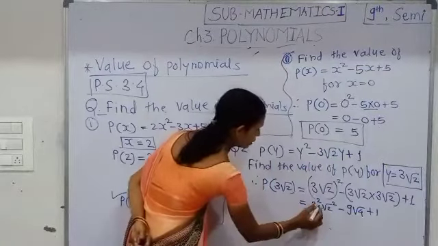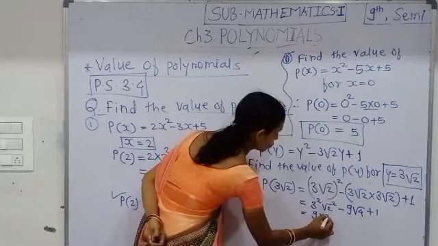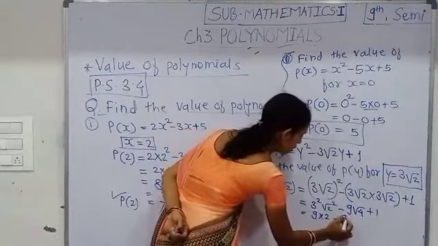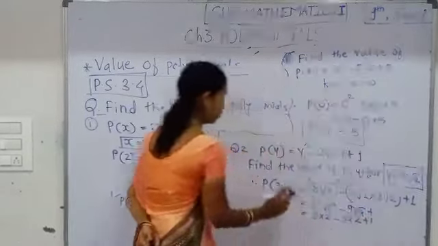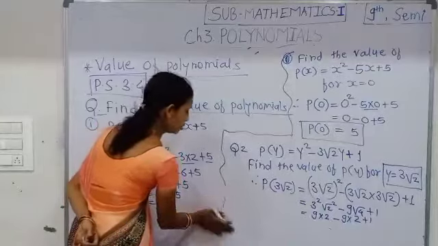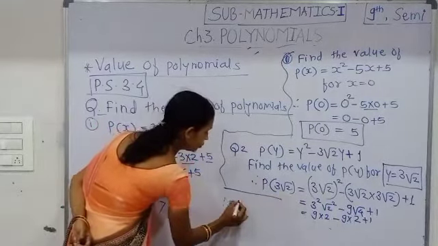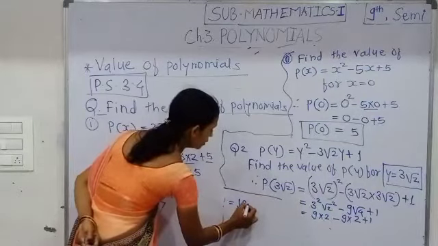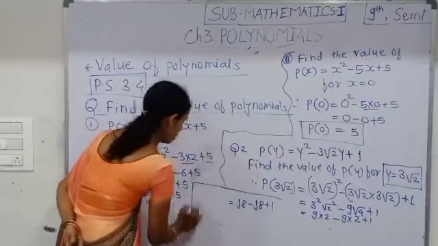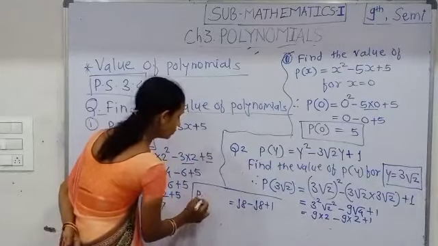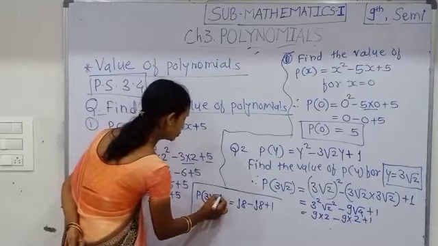Then 3 square is 9 into root 2 square, that is 2, minus 9 into root 4, that means 2, plus 1. Therefore we get 9 into 2, 18, minus 9 into 2, 18, plus 1. It is the value of that polynomial for y equal to 3 root 2.